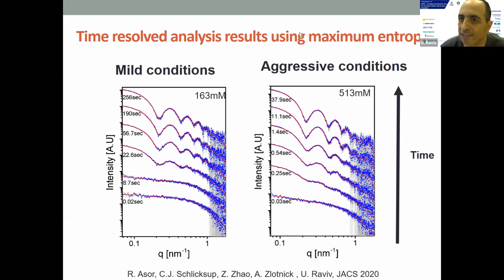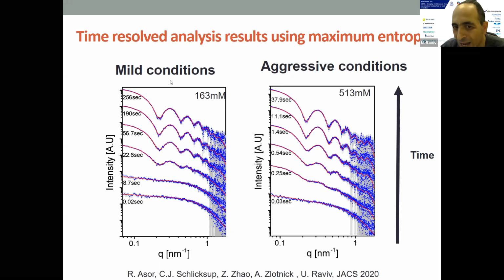However, doing just maximum entropy is not enough. We couldn't get physically relevant results. We could get a good fit to the data, but it wasn't consistent with other physical information that we had.